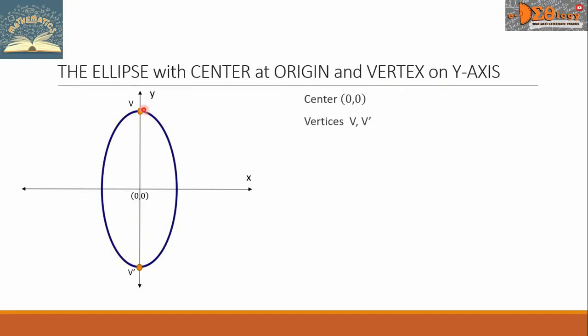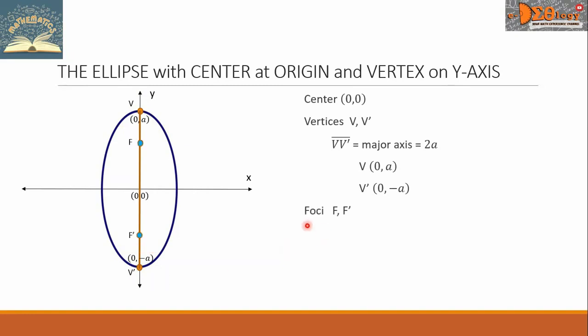Take note that the vertices are the points where the ellipse crosses the y-axis. Remember that the line segment connecting the vertices is called major axis. If we assign the value 2a for the length of this line segment, we can now write the coordinates of the vertices as (0, a) and (0, negative a), respectively.